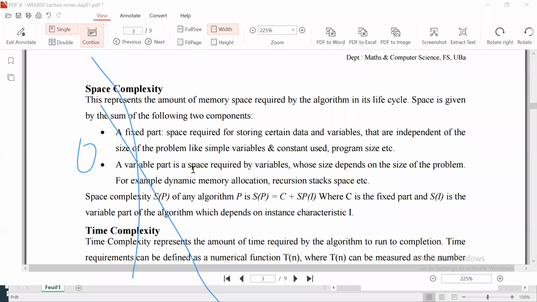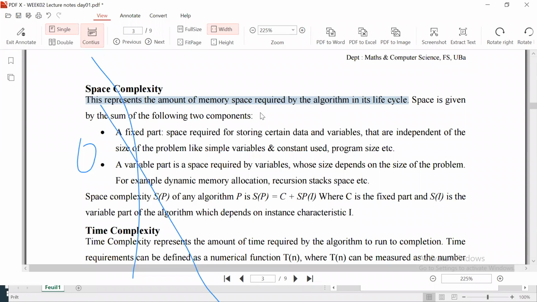So now we need to look at the space complexity. The space complexity represents the amount of memory space that is required by the algorithm throughout its life cycle.